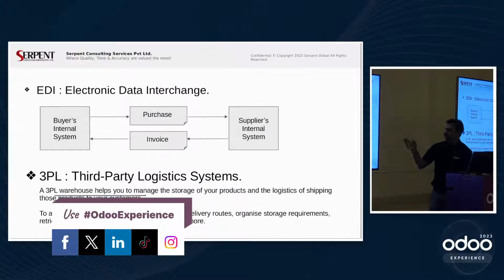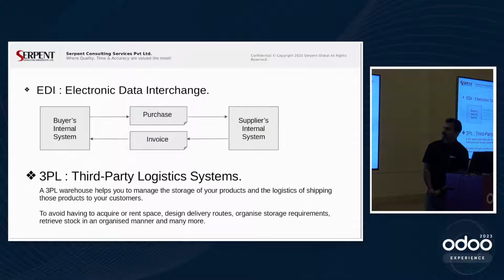Here you can see the buyer's internal system places the order to purchase something from the supplier's internal system, and the supplier's internal system responds back with the invoice, and the buyer receives the receipt. That communication channel we make smooth by doing the integration.